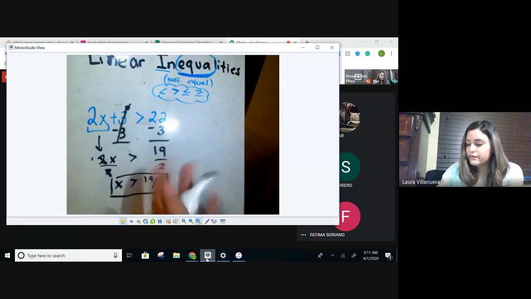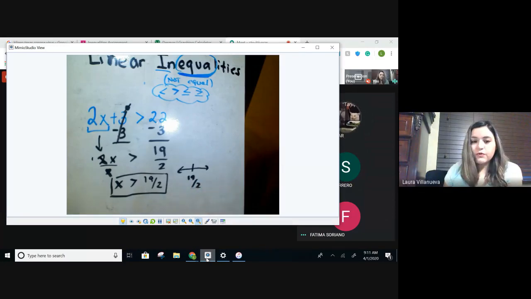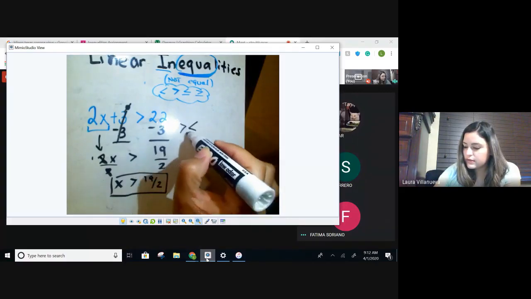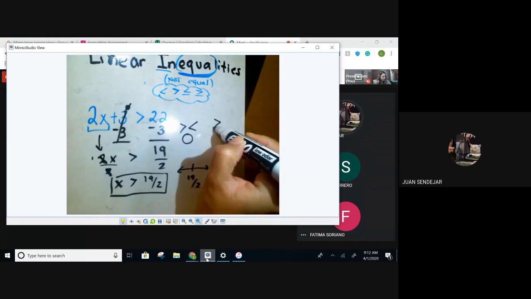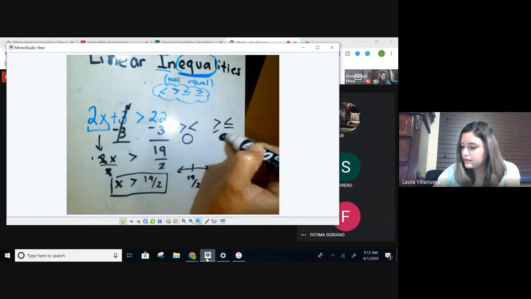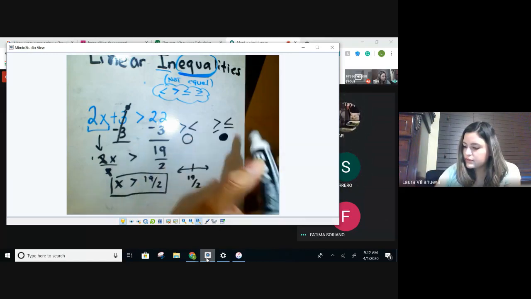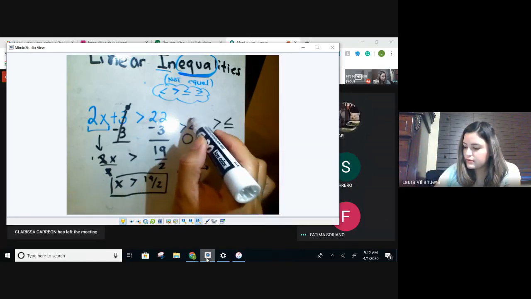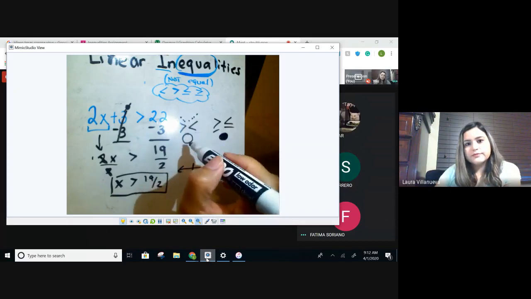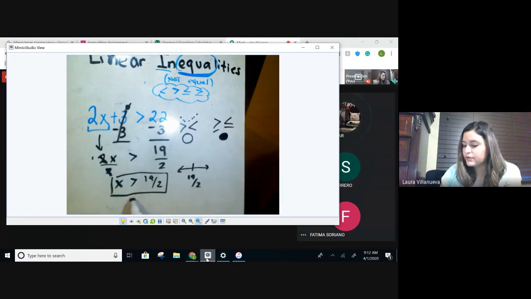Now, when you solve this, you're going to do a number line. You're going to do 19 over 2. This is what we went over on Monday, but since a lot of you were not logged in, I'm going to do them over here. So this is going to be a dotted line, because it's not including this number.